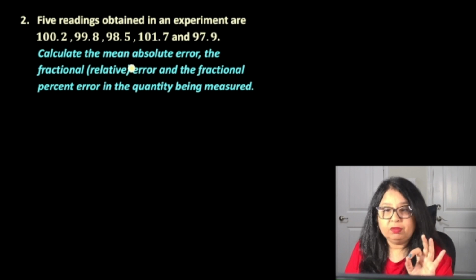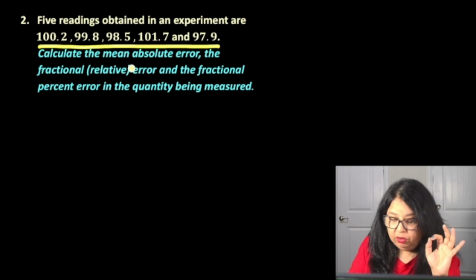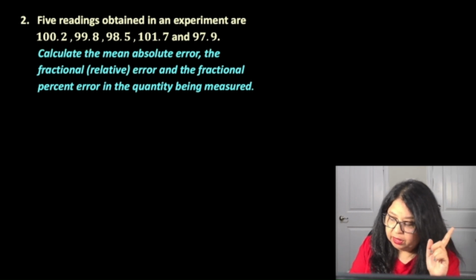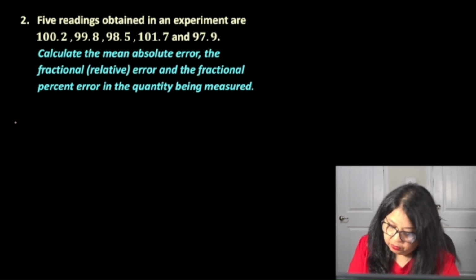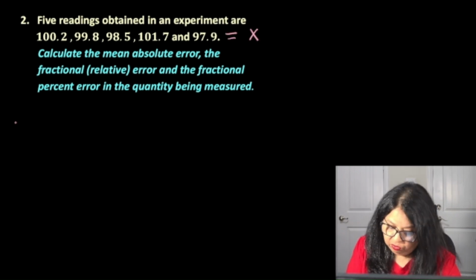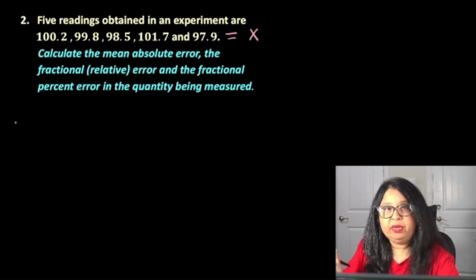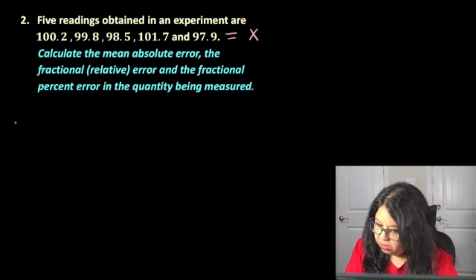First thing we're going to do is tabulate this data. So let's go ahead and tabulate the data. Let's call these values x. So we're going to write down the value of x1, x2, x3, x4, and x5. Let's write it here on the side.